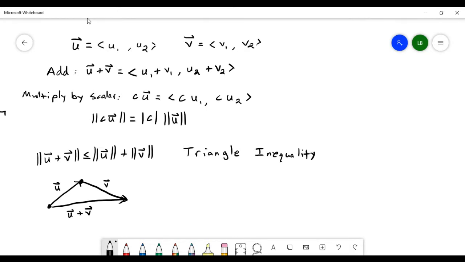And you can see that if we took the length of one side and added it to the length of the other side, the longest it could be would be exactly equal to the sum of both vectors. It can't get any longer, but it can, of course, be shorter. So that's why we have this inequality.